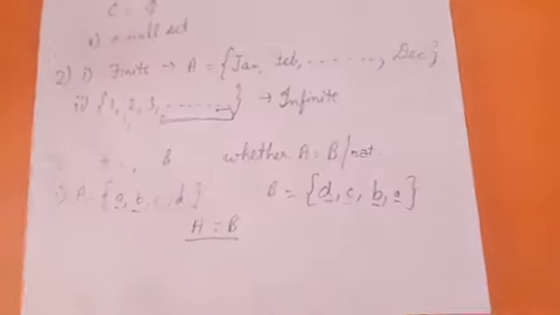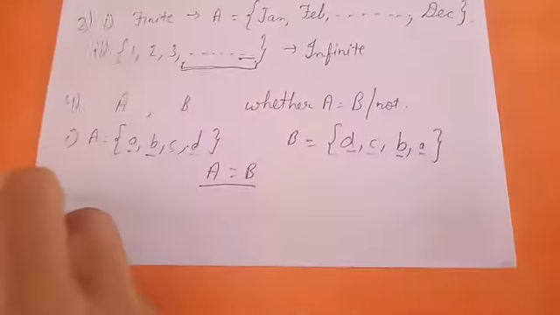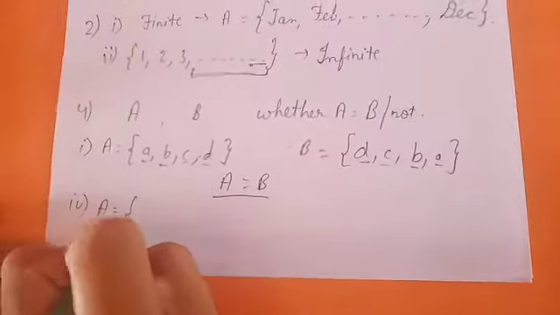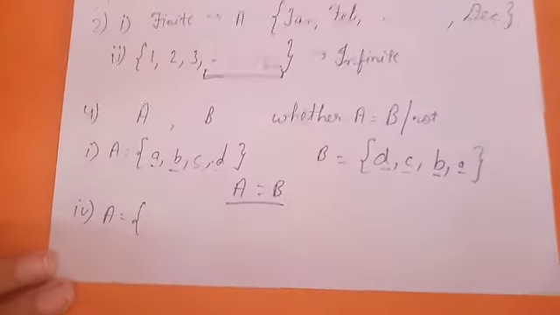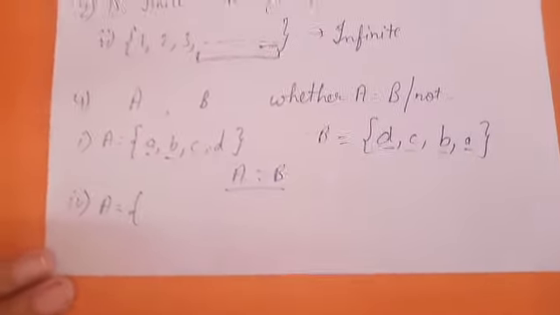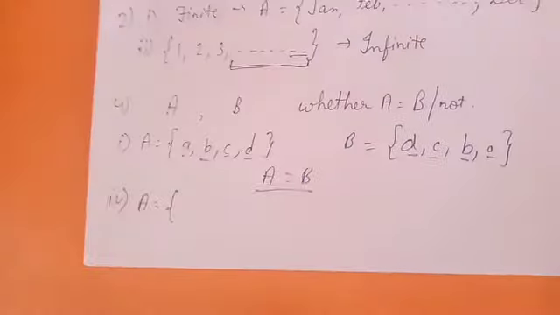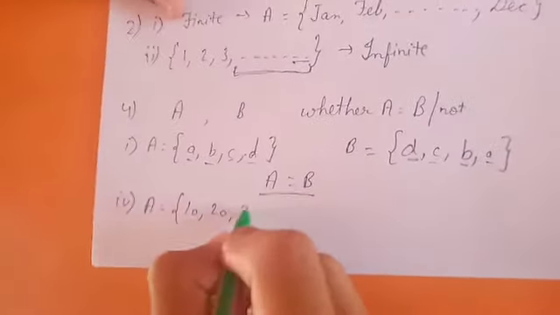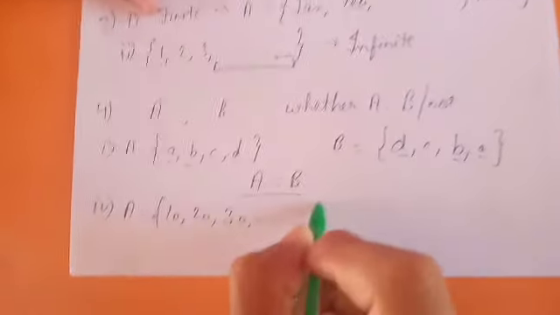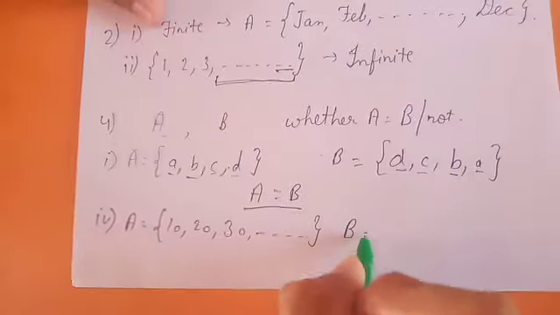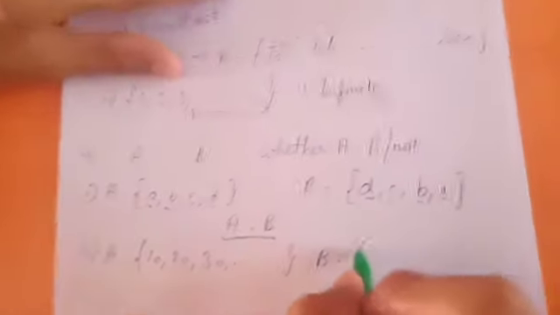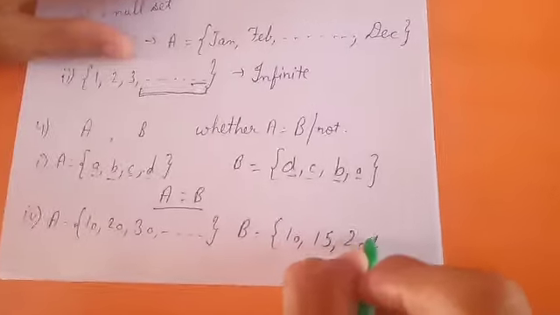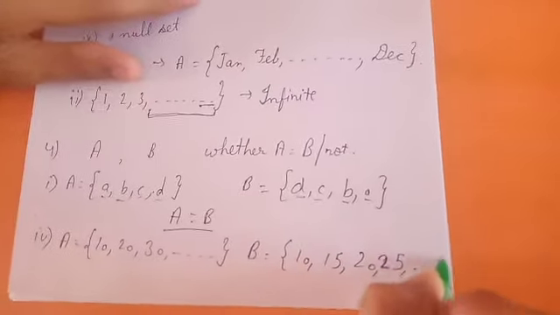In the last, fourth part, they have given us A as a set. X is a multiple of 10, means set A is multiples of 10. That means 10, 20, 30, similarly going on. And set B is given to us as 10, 15, 20, 25, like this.